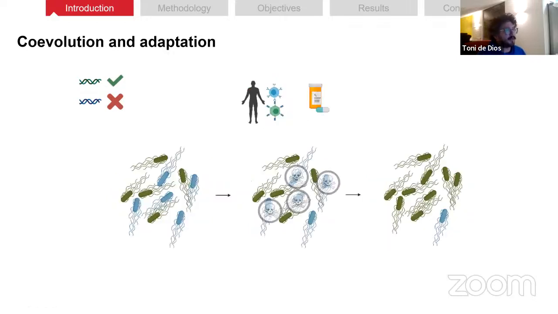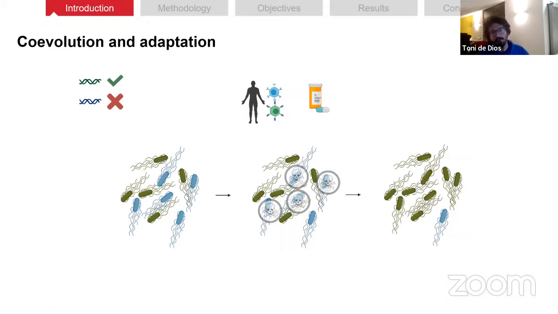But this is not only true for human populations, but also the pathogens that are infecting us are subjected to those selective pressures. We have to keep in mind, for example, the immune system. Our own immune system exerts a really strong selective pressure on those pathogens. And also other factors that in this case are, I think, quite a hot topic.